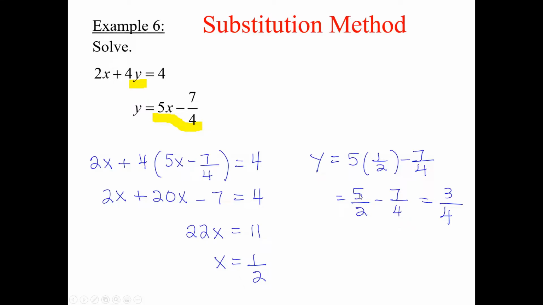I've got to do the common denominator game, make this 10/4. Okay, make that 10/4. Minus 7/4 is 3/4. So in this case, these are intersecting lines that intersect at the point 1/2, 3/4.